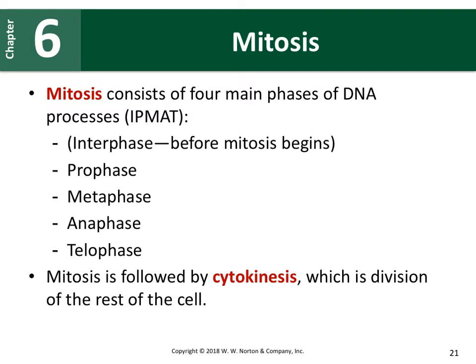Then in anaphase, the spindle fibers attach and pull them apart so that each new cell will have a full complement of the DNA. And then telophase, that's complete, the nuclear envelope reforms. And then cytokinesis, the cell membrane reforms, and you have 2 daughter cells.